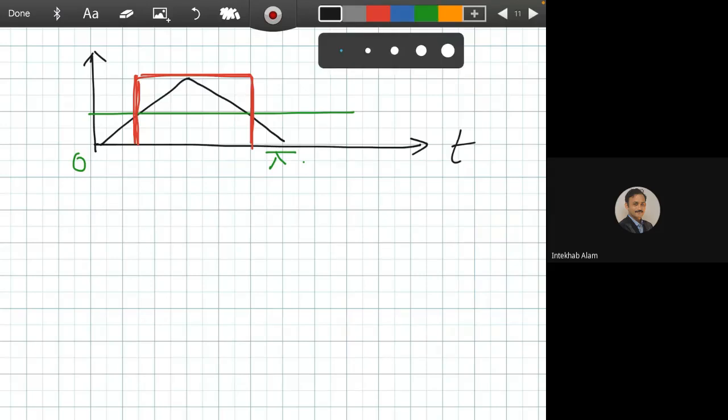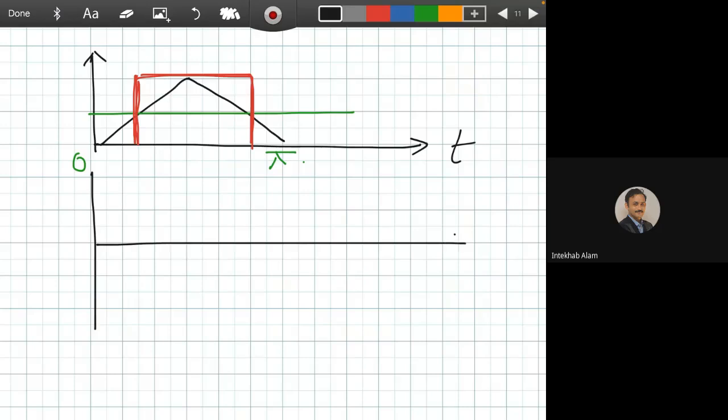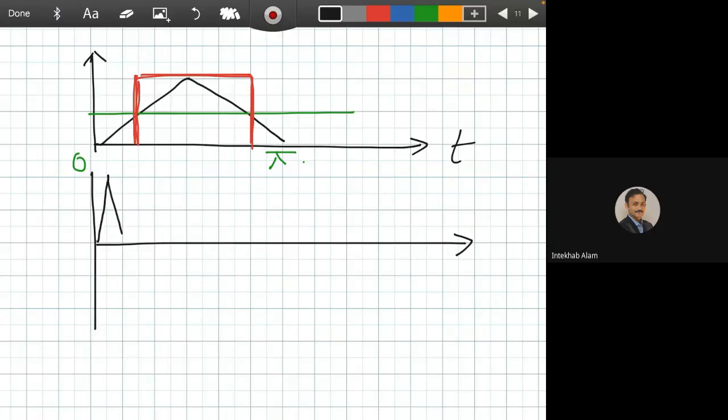And for multiple pulse width modulation, no, I'll make it more. Oh, sorry.